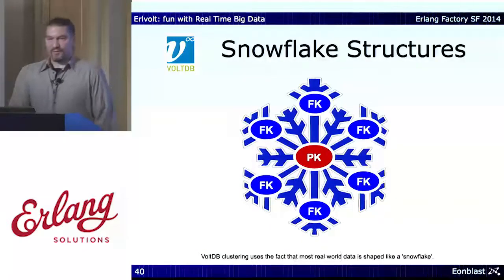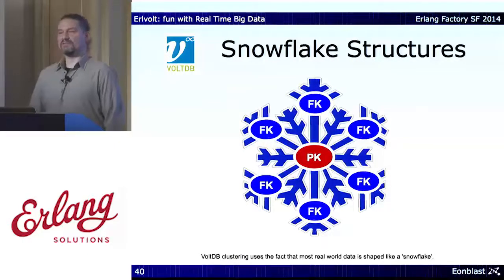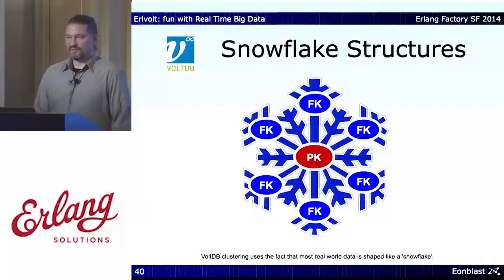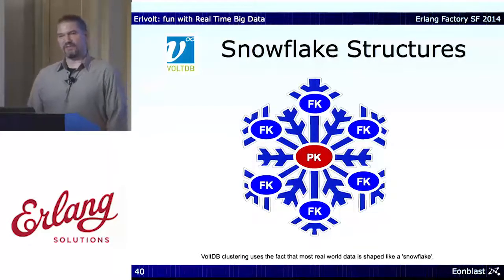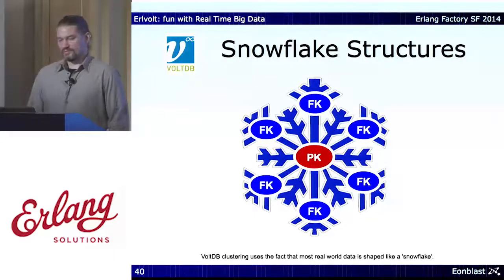What they are using to make it work to have tables horizontally divided is the fact that many real use cases turn out to be snowflake structures in the data. If you take a simple example, if you have customers and those customers have addresses and orders, and invoices and co-workers, you always have the primary key of the customer in the center of the snowflake.